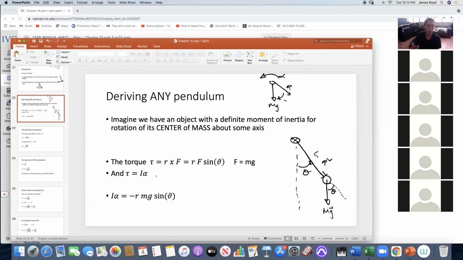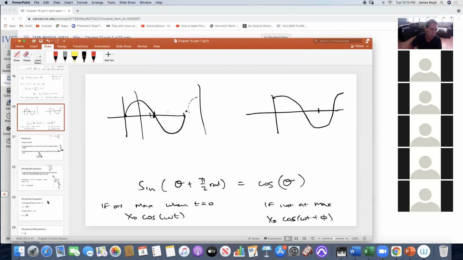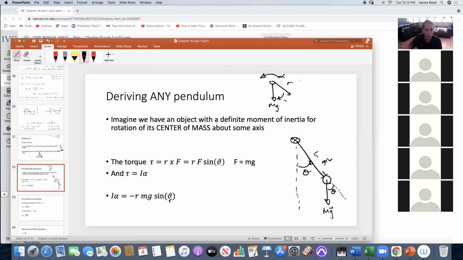So torque is I alpha. I wrote capital R here, so let's change that back to little r. So you have a torque, and it's r cross F, times the sine of the angle between them. This is the angle between r and F, or r and mg.